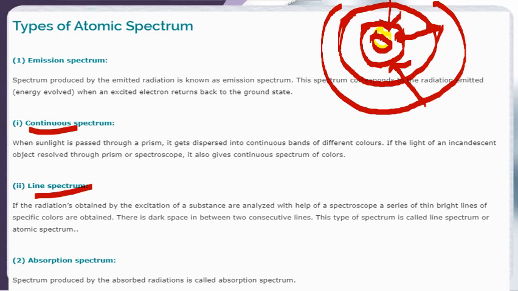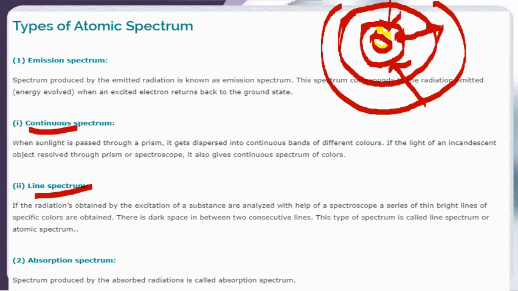It will not happen that every color is being emitted. No, not every color of radiation was absorbed; rather, only some colors of radiation are being absorbed, because different energy levels have different energy, right? So when the substance has to come back to the lower level, it has to release the same amount of energy, right?